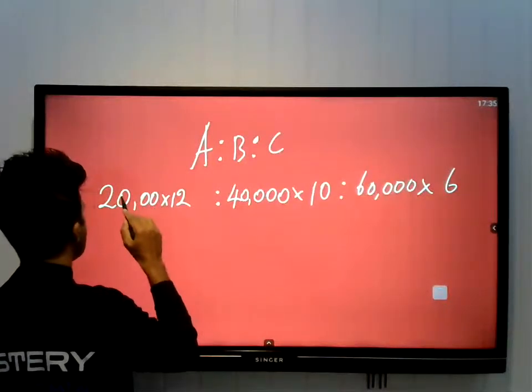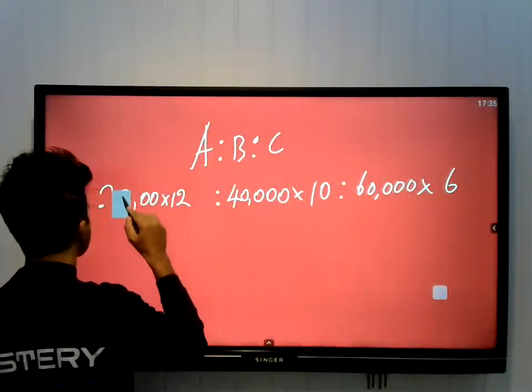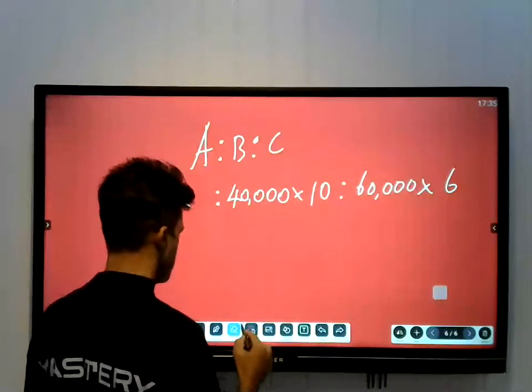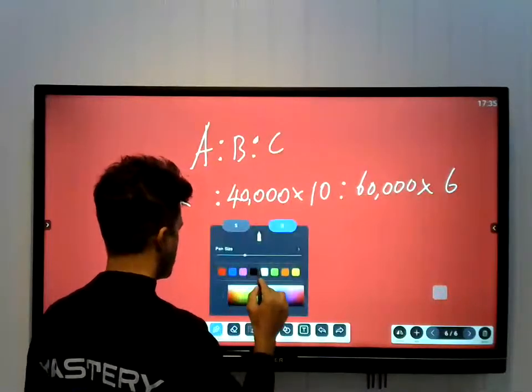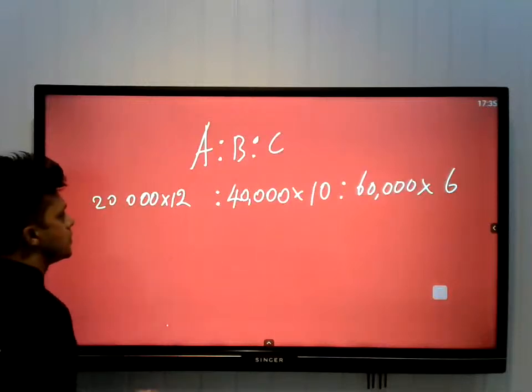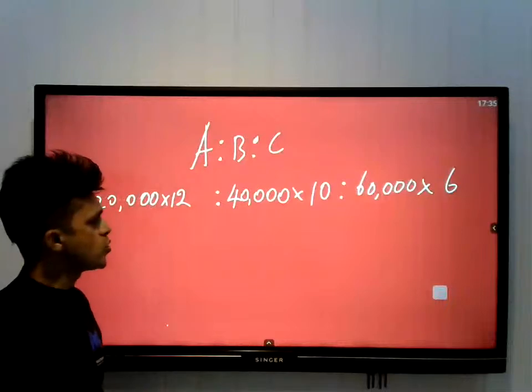Here 20,000. This should be 20,000, right? Person A joins the business investing 20,000 rupees.